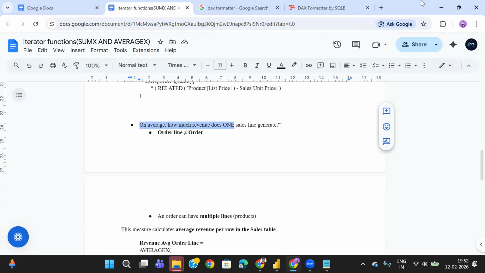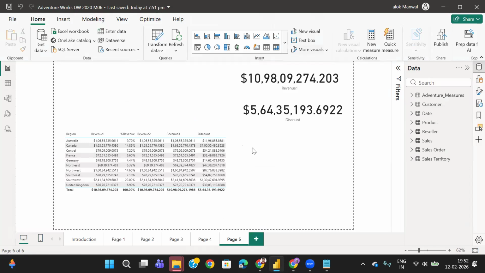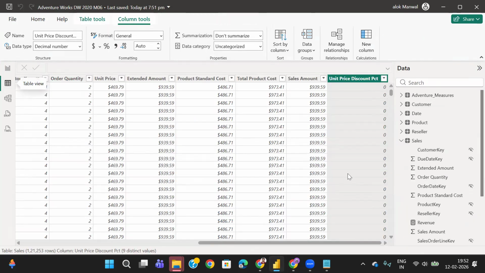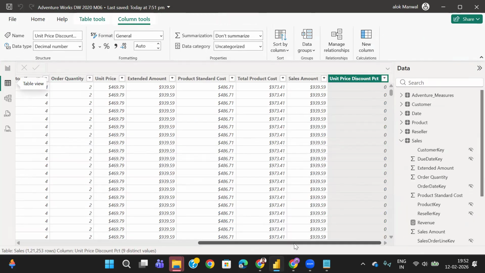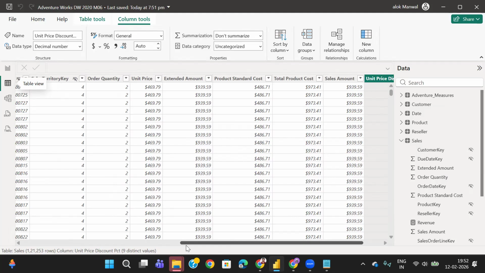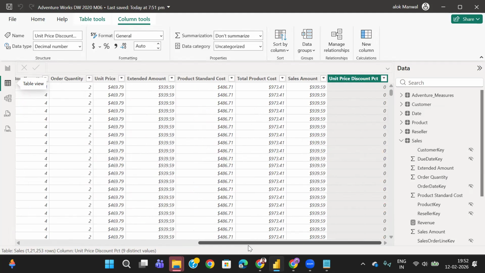First, let me tell you what the average is. Now you can see it's quite big data. We have 1 lakh rows here. Yesterday we had only 5 rows in our data set, but this is bigger than the previous one.